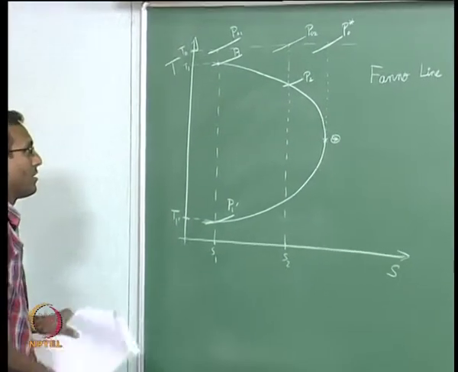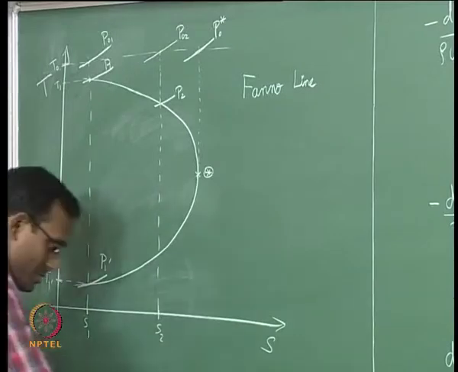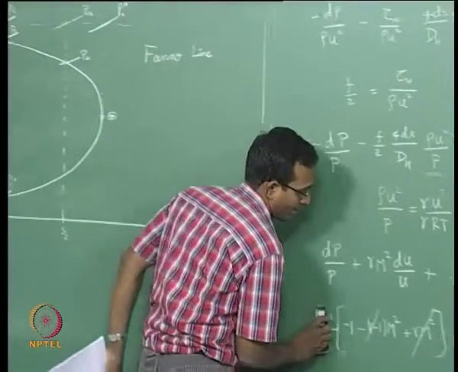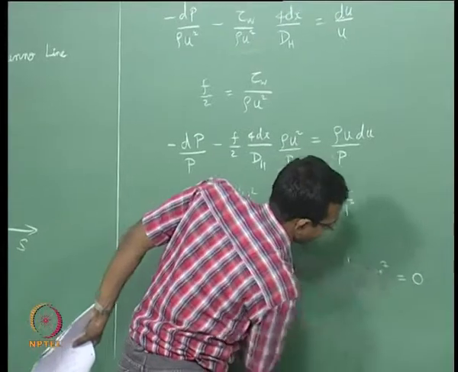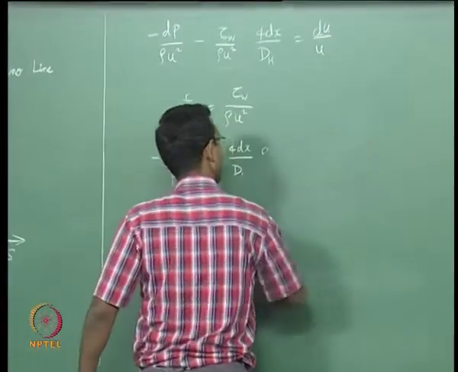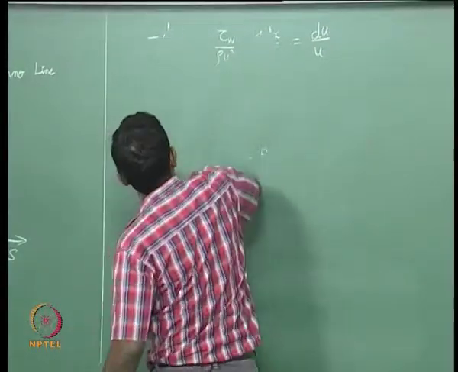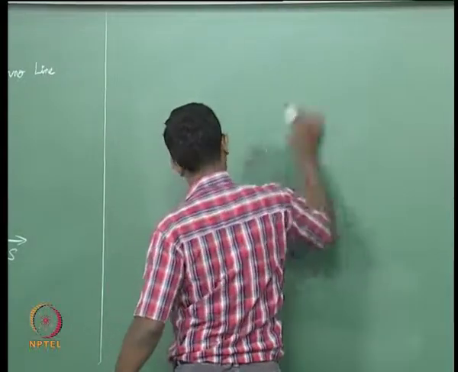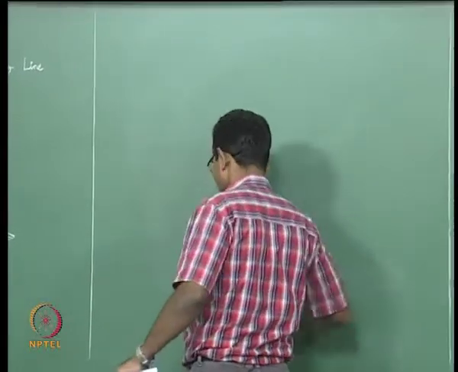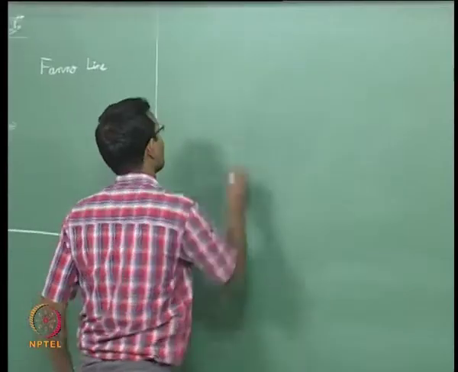What will happen if I have a duct whose length is more than the L star for that inlet Mach number? I want to start from physical feel, then we will go and give math for it. Math is very easy, physical feel is more important.